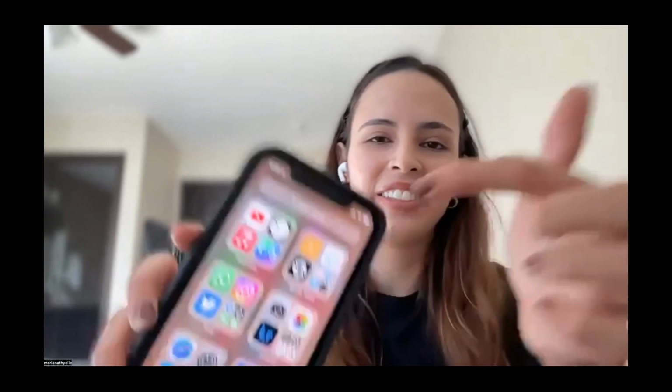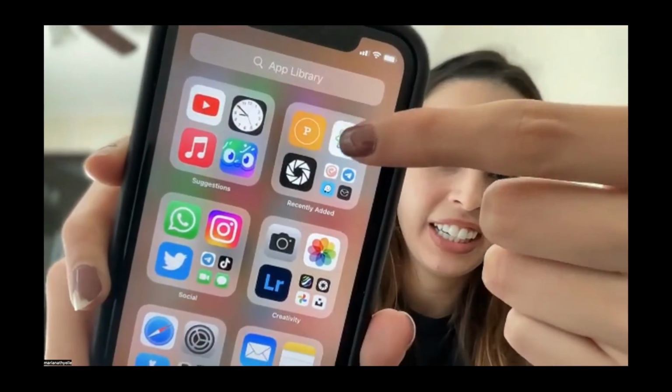I don't know the name, I only know the icon, this orange icon with a P. If you search for pronunciation, the name is English Pronounce.